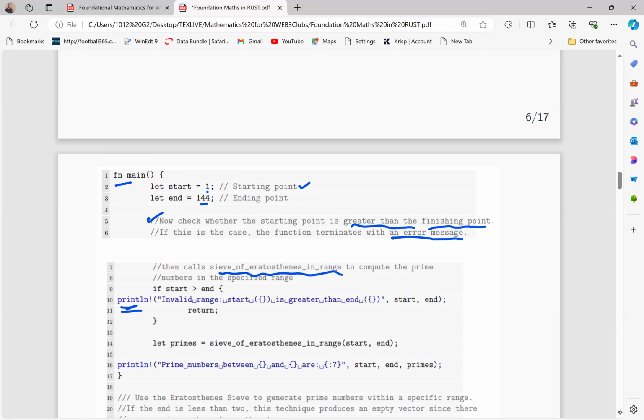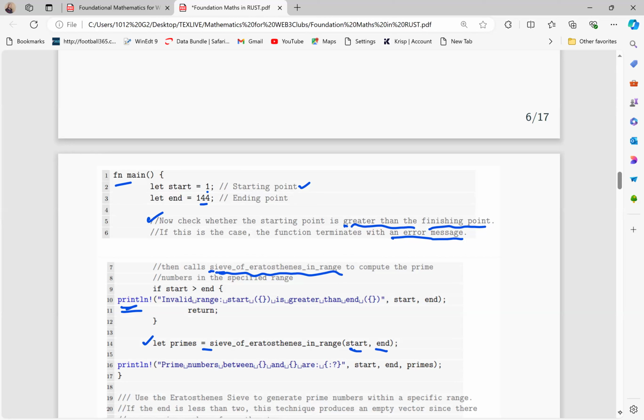Now, what I've said here is that once you input this, it will call on this algorithm, after it has checked the start point and the end point and ensured that they're okay, and tell it to compute prime numbers: let prime numbers equal from the start to the end.